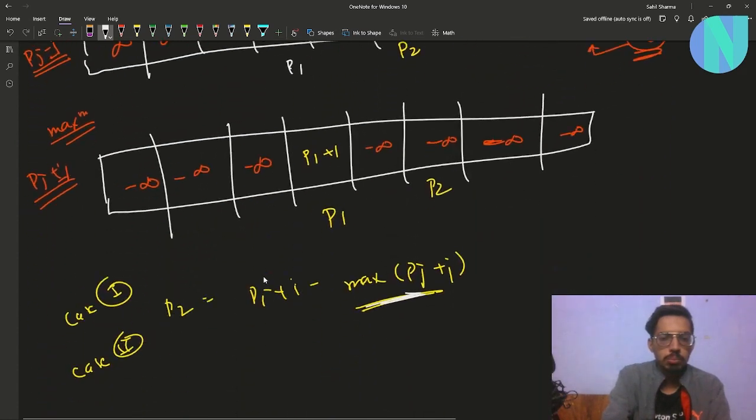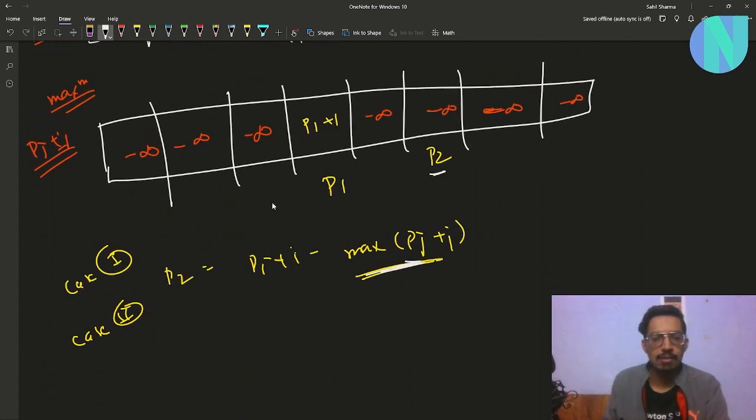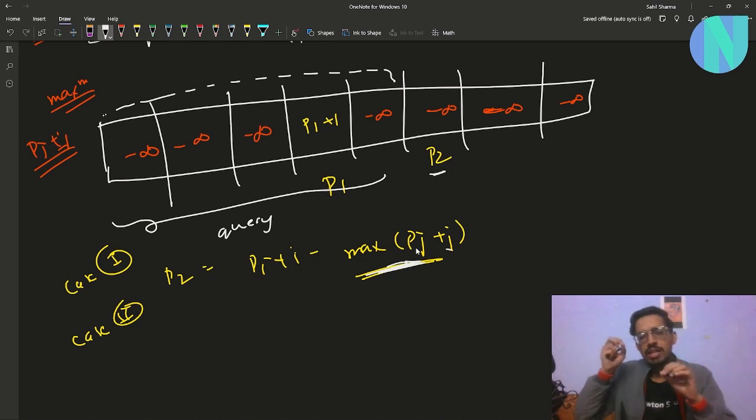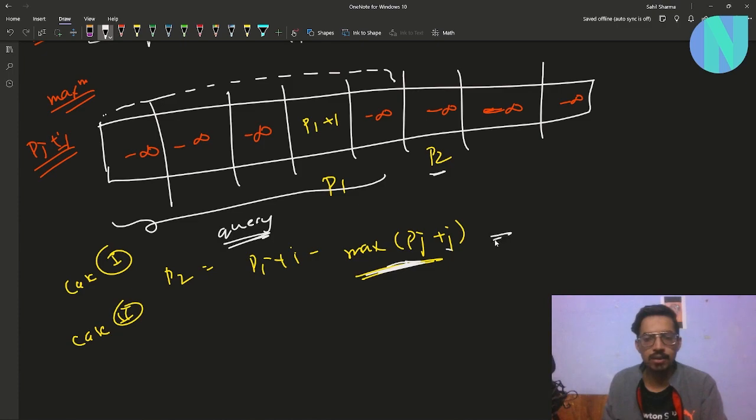So for P2, I will have to query on the left side, right? Because all these Pj values are less than P2. So I will query on this side, right? I will run a query here, and this will give me the maximum Pj plus j value for Pj values that are less than Pi, right? So I will query on this side, and then I will find the answer for P2.